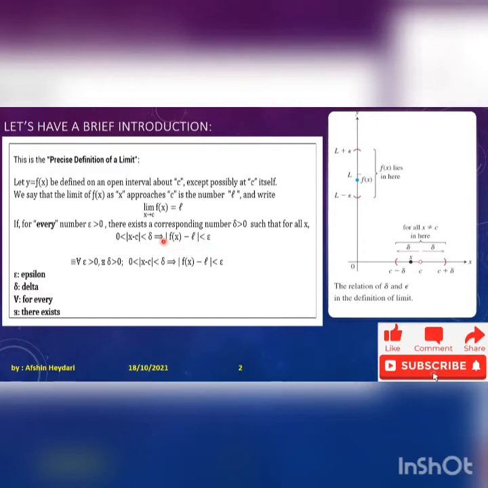Same as here, the distance between f of x and L is shown by the absolute value of f of x minus L.